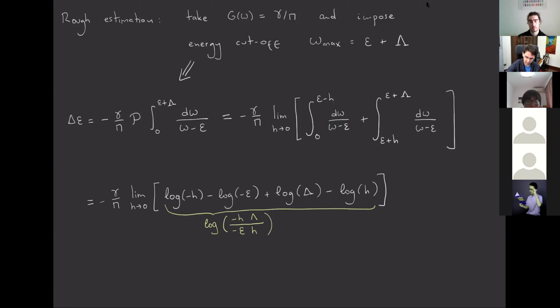So just the sign in front of the logarithm tells you whether you are in the numerator or the denominator, and then we keep the sign of what we have inside the logarithm. So then you see automatically that this h goes away with this h, this minus with this minus, and then finally you get a logarithmic divergence.